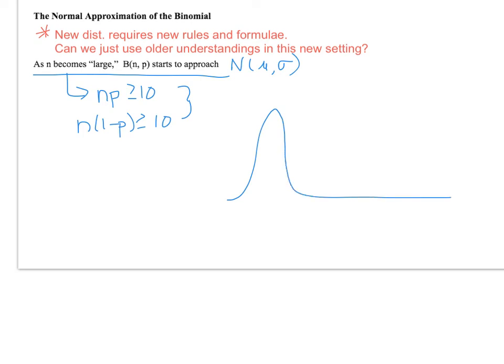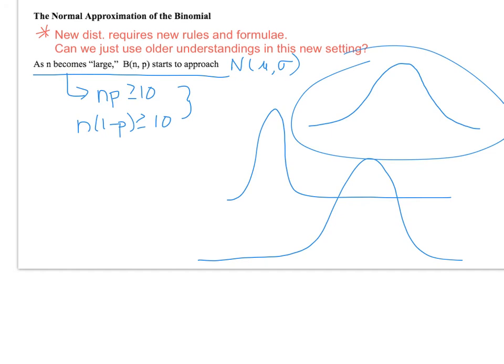It kind of looks like this for the probability of success being small, and then like this for the probability of success being large. Very skewed distributions. We're looking for more of something like this. So when np and n times 1 minus p both are greater than or equal to 10, you get a distribution that looks a little bit more like the normal distribution. So that's what we'll be using going forward.